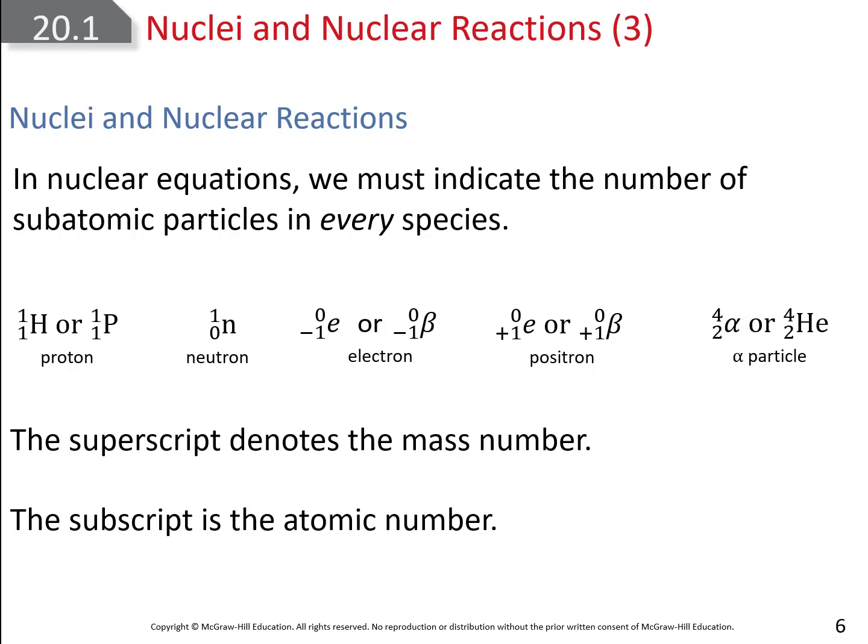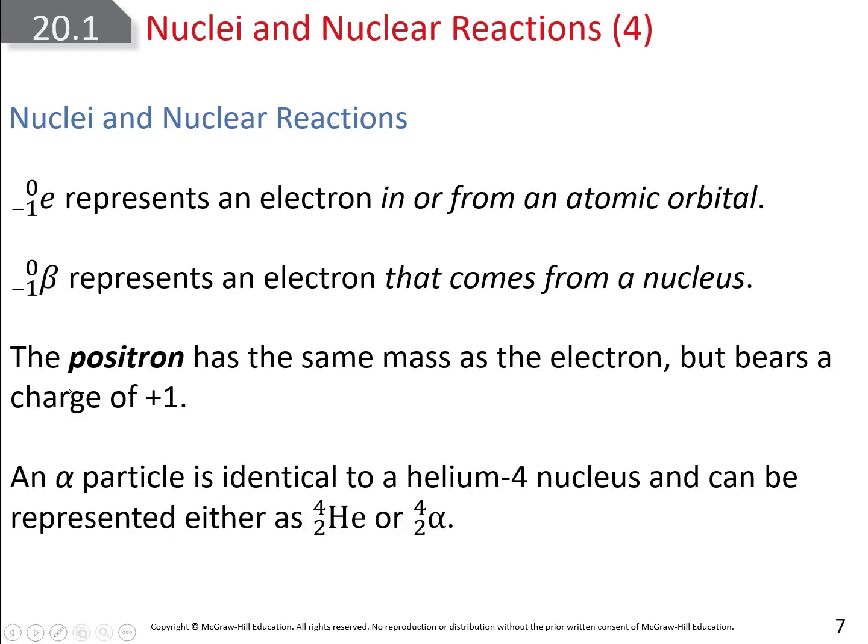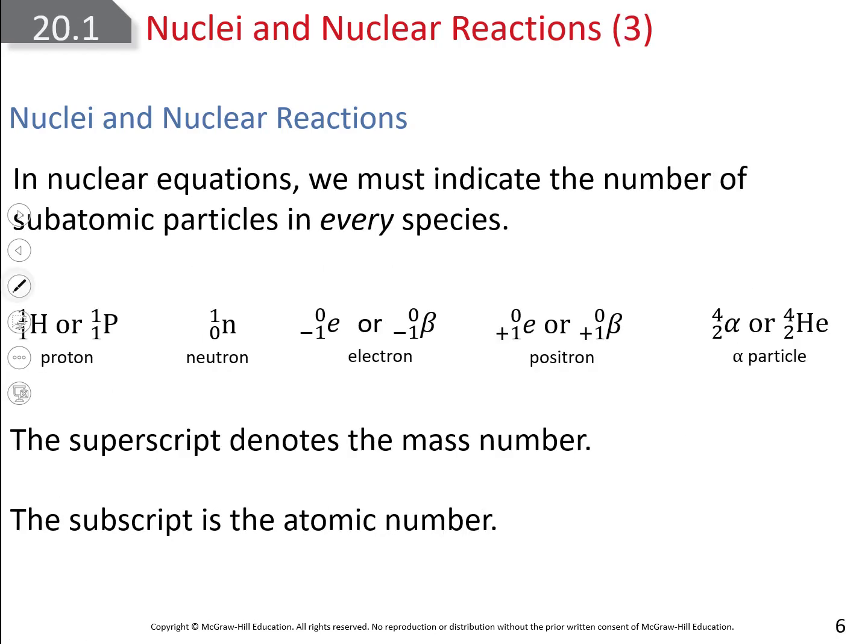To write the isotope symbol for an element, it's the element's symbol, and then the top number, let me do it over here on helium. The top number is A, the mass number, and then the bottom number is Z, the atomic number. The mass number is the sum of the protons and the neutrons, and the atomic number is just equal to the number of protons.